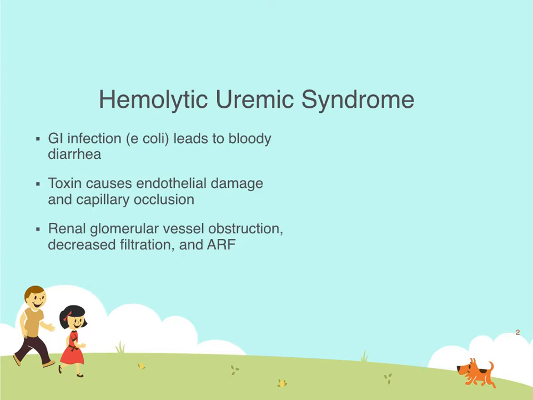Since hemolytic uremic syndrome affects the intrarenal system, this child will have symptoms of fluid overload versus a prerenal cause of acute renal failure. That child would have signs of dehydration.